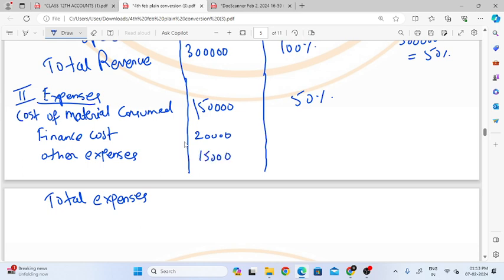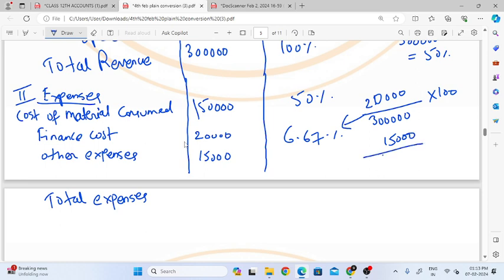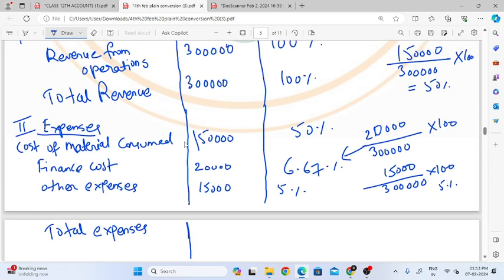So 20,000 divided by 3 lakh multiplied by 100, which will give you 6.67%. Then 15,000 divided by 3 lakh multiplied by 100, which will give you 5%.